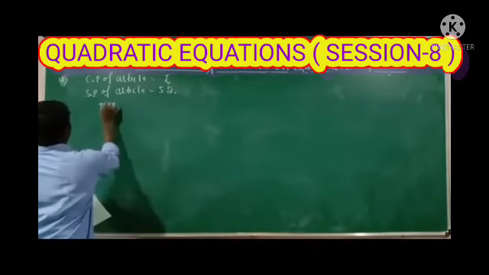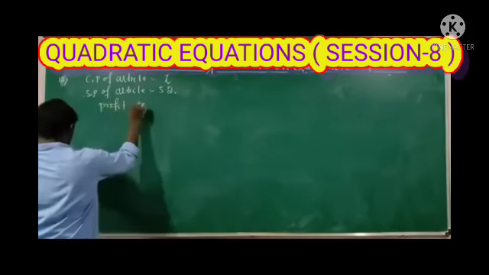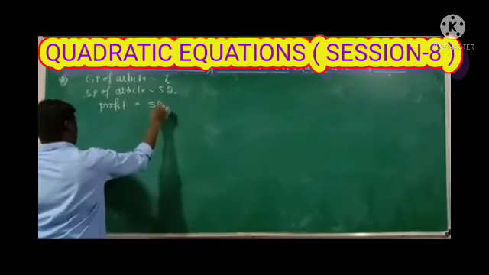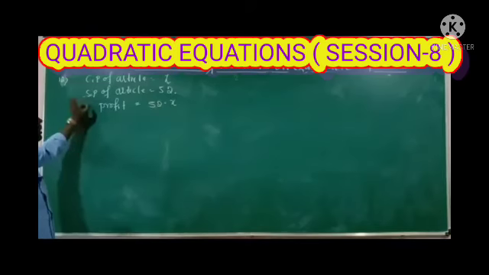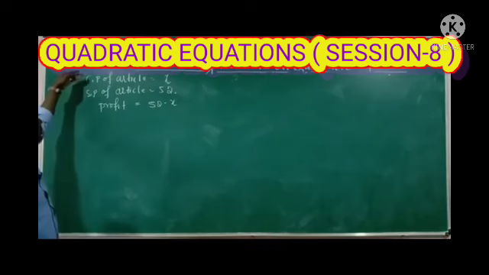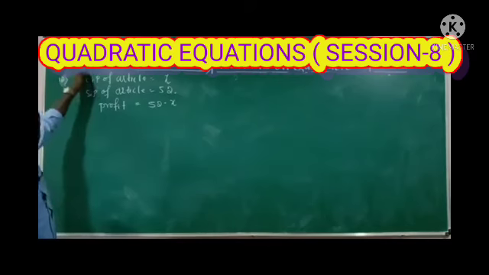Then profit is 52 minus X. So profit is nothing but selling price minus cost price, right? And loss is nothing but cost price minus selling price. Profit is nothing but selling price minus cost price.